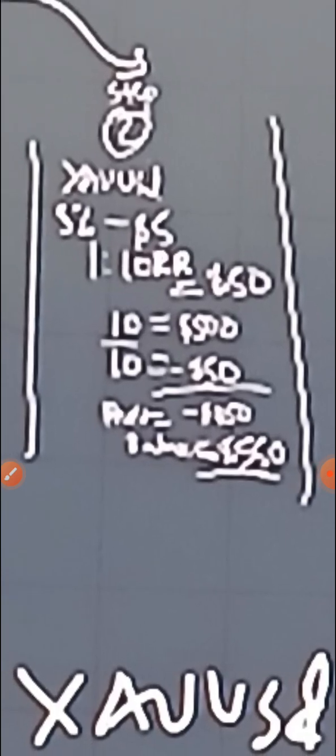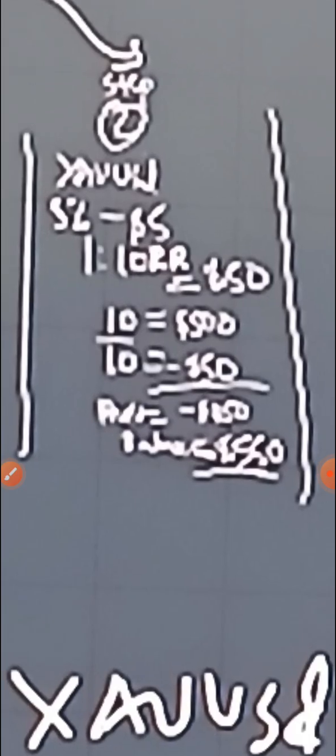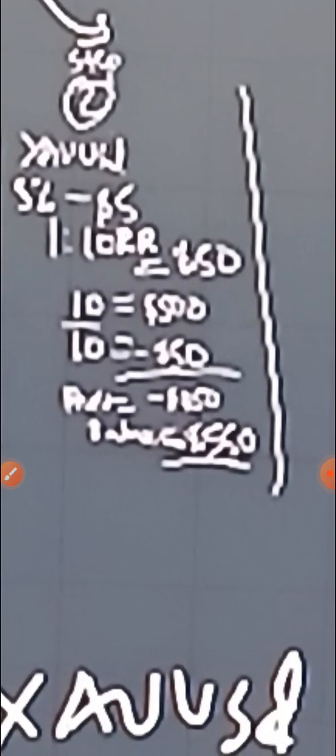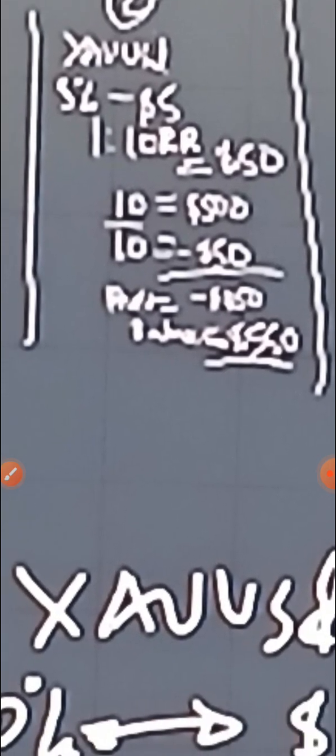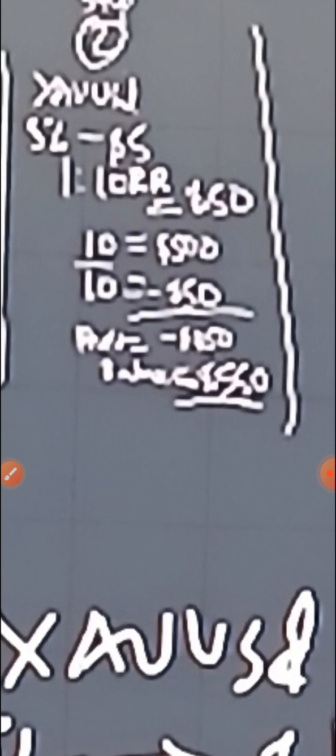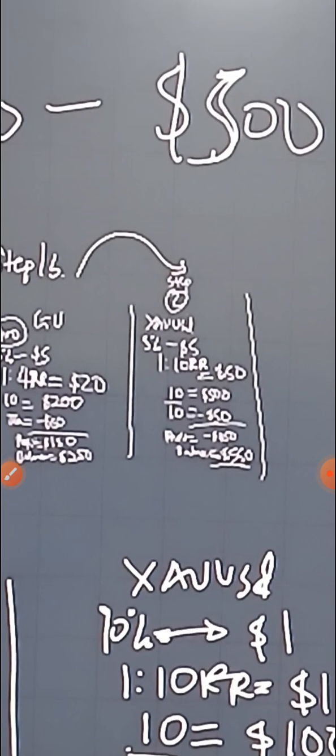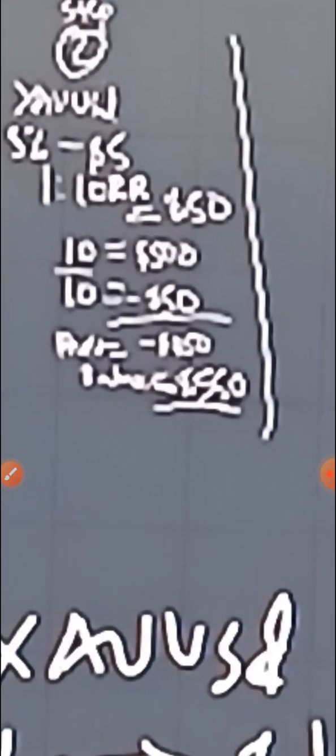So for 10 good trades, $5 risk times 10 is $50 per trade, and for 10 trading days that will be $500. And 10 bad trades will be minus $5 times 10, which is minus $50.